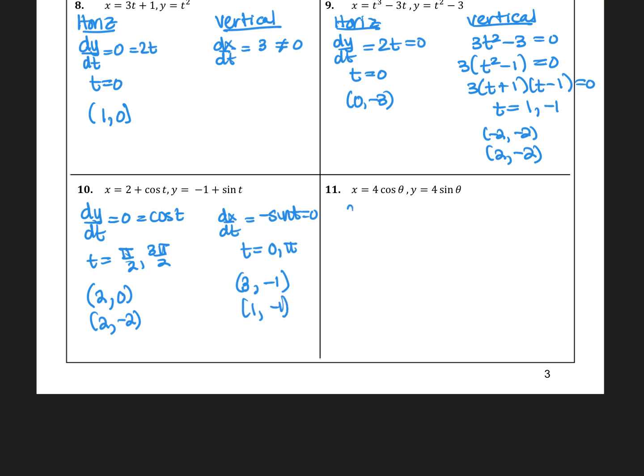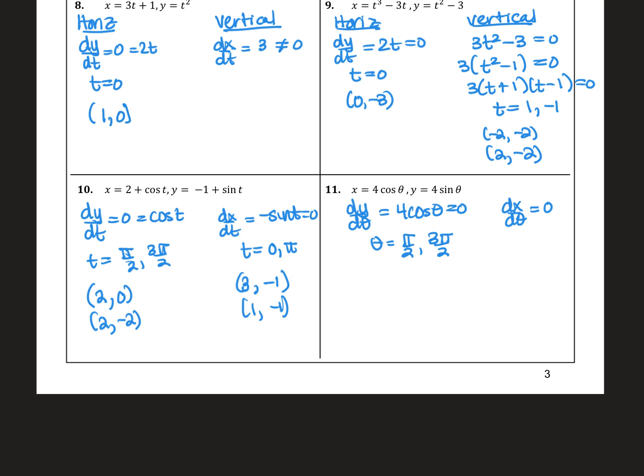And the last one, dy/d theta is equal to 0, is where we'll have the horizontal tangent line. So for cosine theta equal to 0, that happens when theta is equal to pi/2 and 3 pi/2. And the other one is dx/d theta equal to 0.